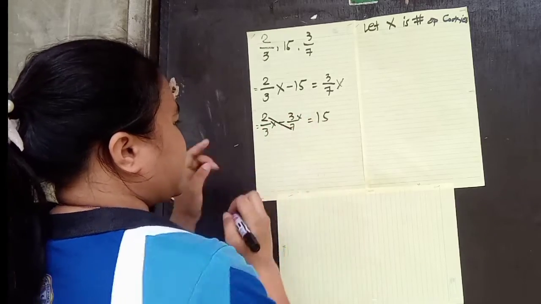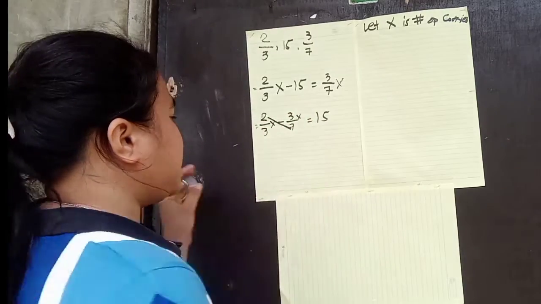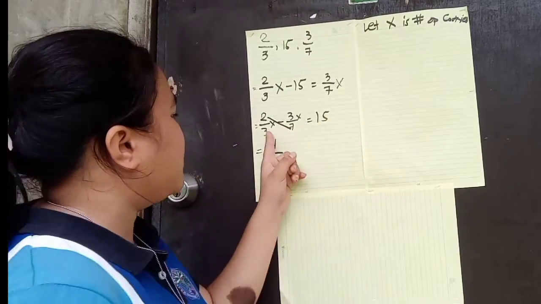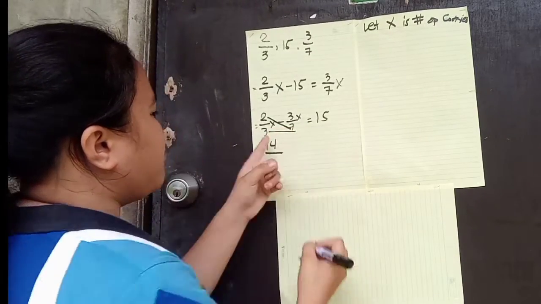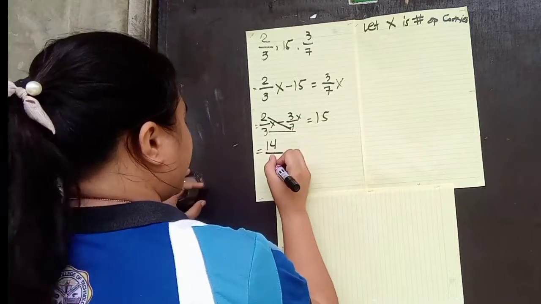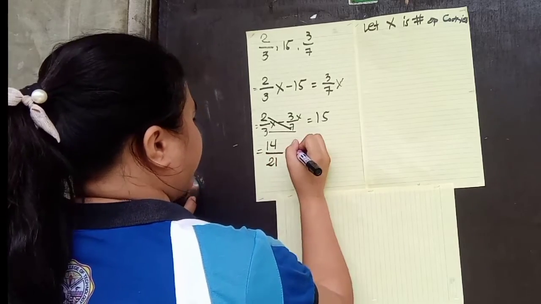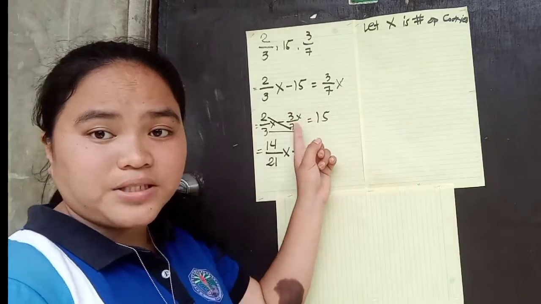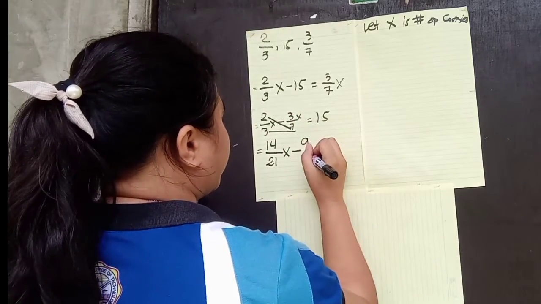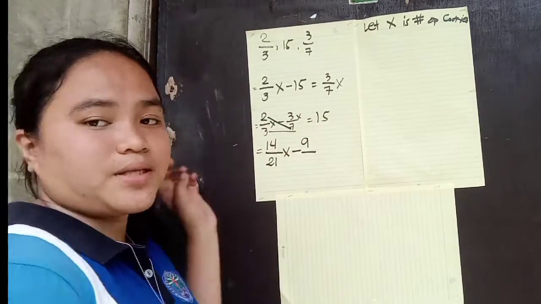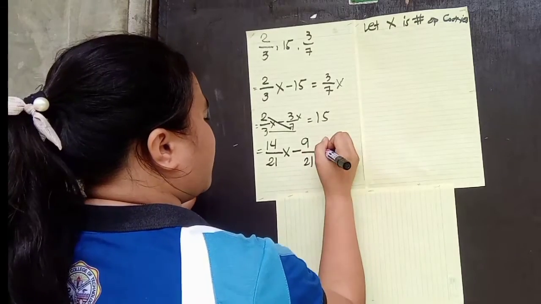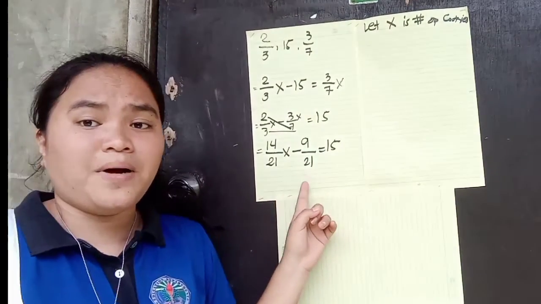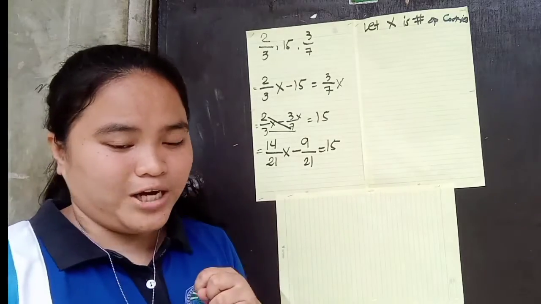So, multiply 7. 2 times 7 equals 14 and 3 times 7 equals 21. Okay, ganyan na po siya. Minus 3 times 3 equals 9 and 7 times 3 equals 21 equals 15.